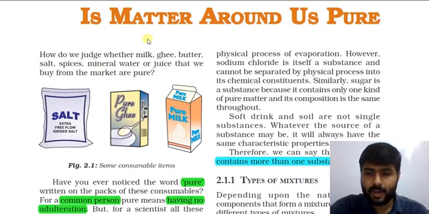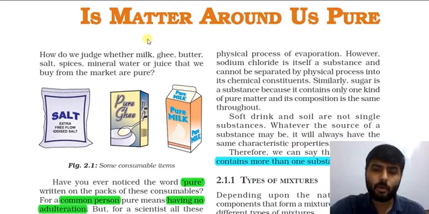However, sodium chloride is itself a substance and cannot be separated by a physical process into its chemical constituents. As we know, sodium chloride is made up of sodium and chlorine. The formula for sodium chloride is NaCl.